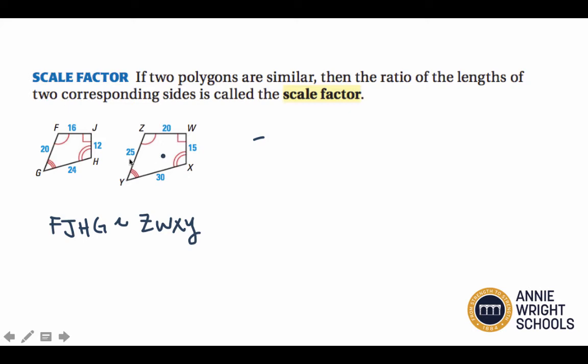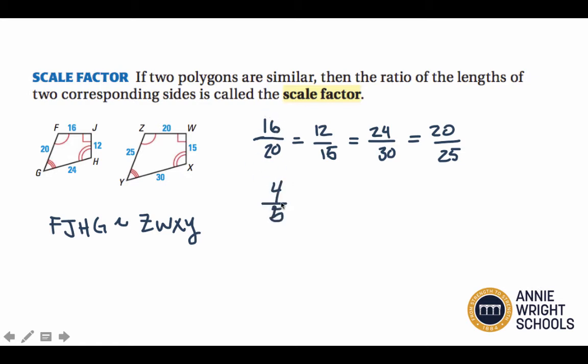So that means I'm just going to go around starting with 16 and 20, going around clockwise. So we should have 16 over 20 equals 12 over 15, which equals 24 over 30, which equals 20 over 25. And if we reduce all of these fractions, factor of 4, 4 to 5.